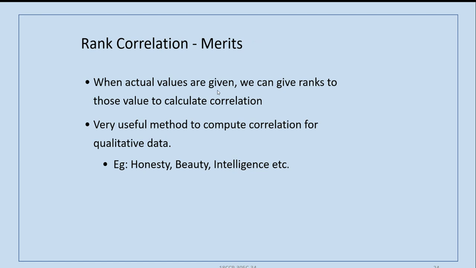It is a very useful method to compute correlation for qualitative data. When qualitative data is there, then we can calculate correlation by using Spearman's formula. Otherwise, we have to use Karl Pearson's.